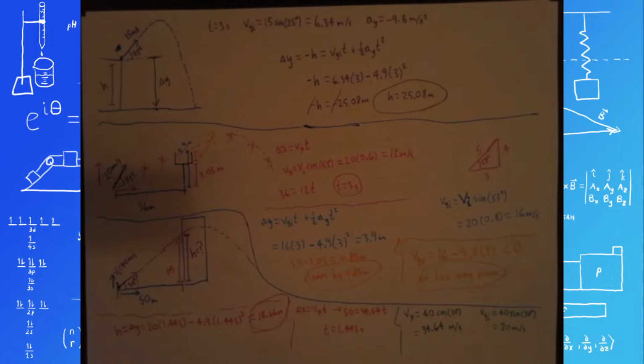Anyway, what do I want to go with? I think I'm going to leave that for people to think about at the end. What about this one? A projectile is launched with an initial speed of 60 meters per second at an angle of 30 degrees above horizontal, lands on a hillside 4 seconds later.